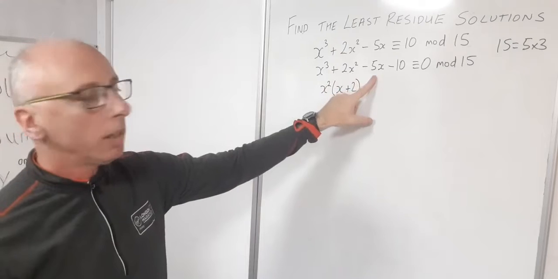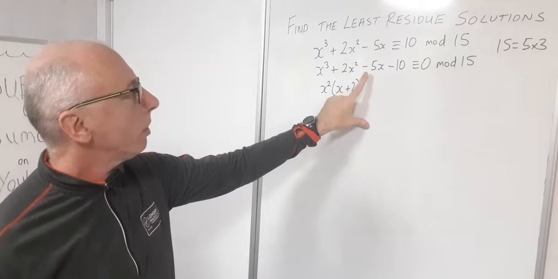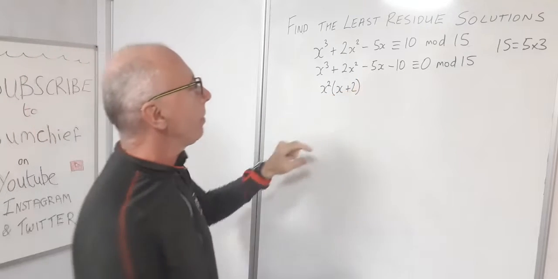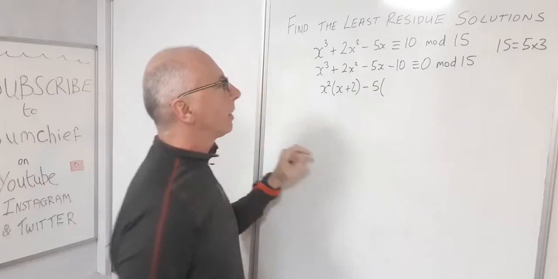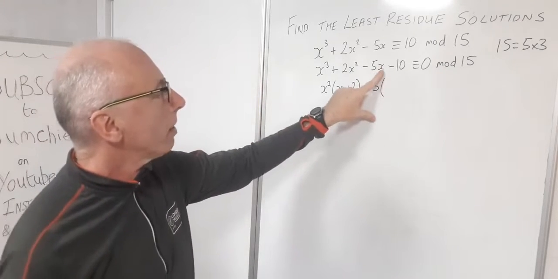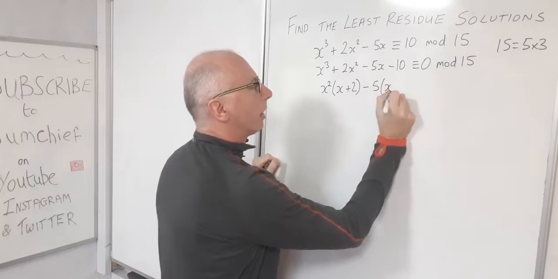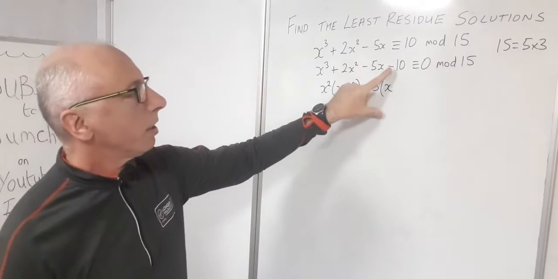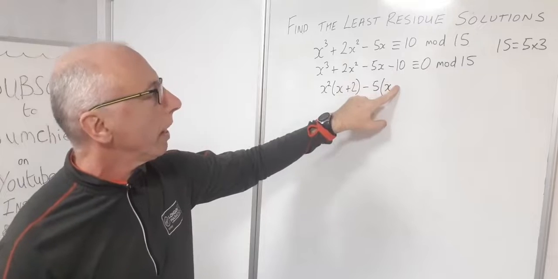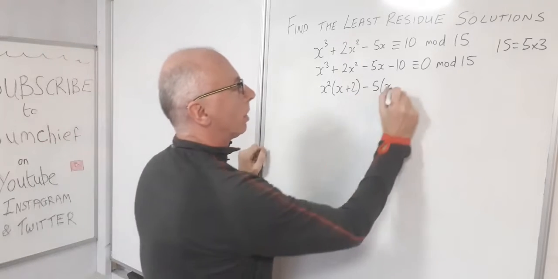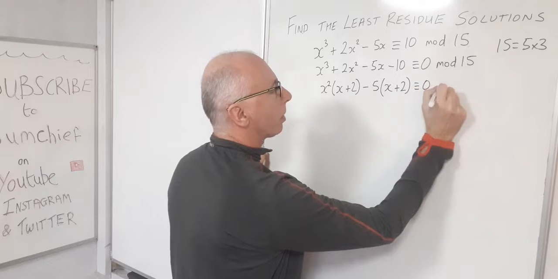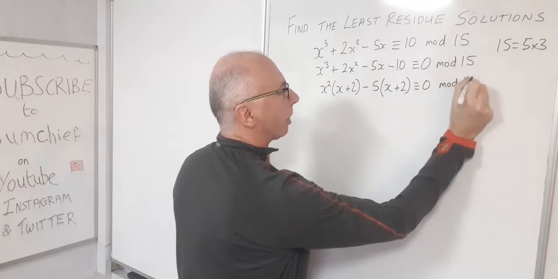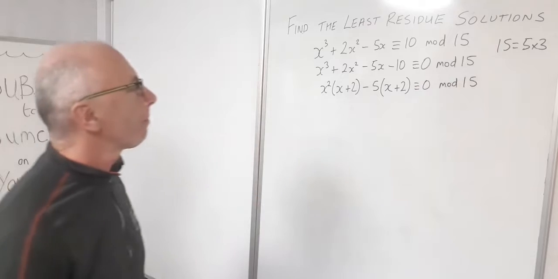And then here we have something very similar going on. If we take out this minus 5 and then factor that, we end up with an x on here, and minus with a minus, we can then put in a plus 2, and that's congruent to 0 modulo 15.